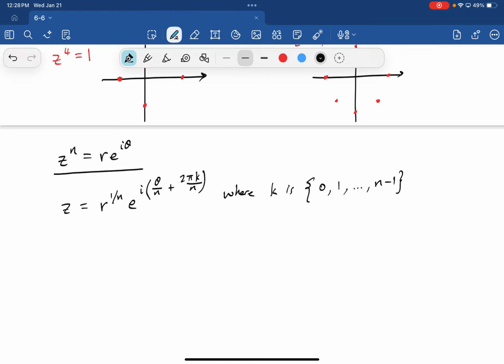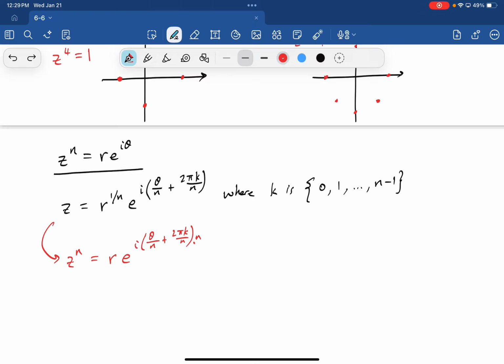Right? And you can confirm by reversing this equation. If you exponentiated both sides to a power of n, you would get r times e to the i theta over n plus 2 pi k over n, times n, right? So the 1 over n disappears because I've raised it to a power of n.